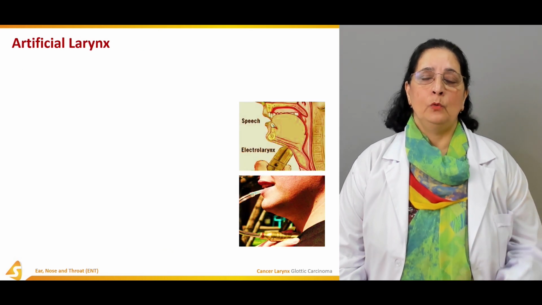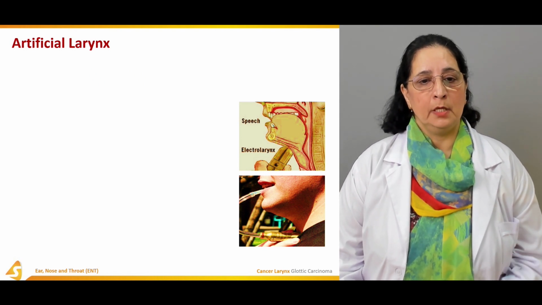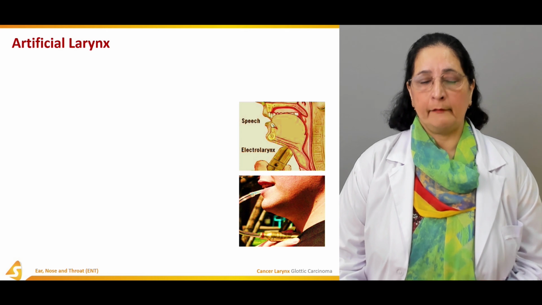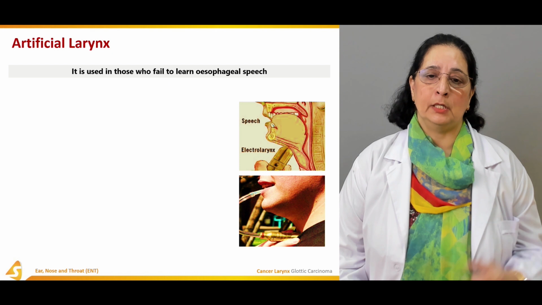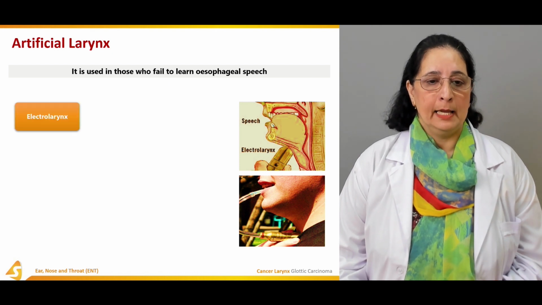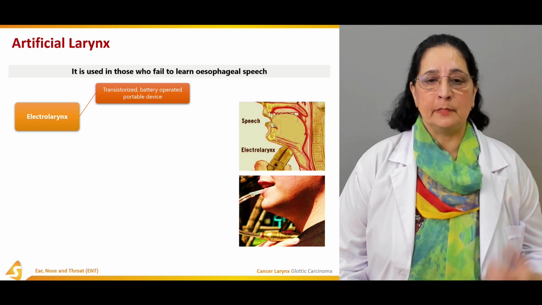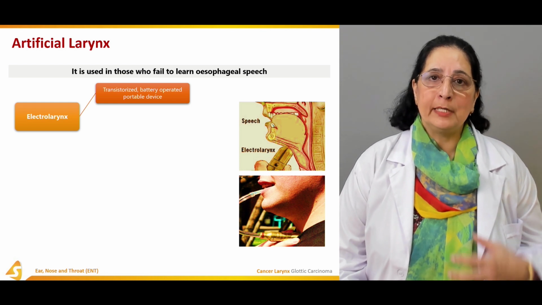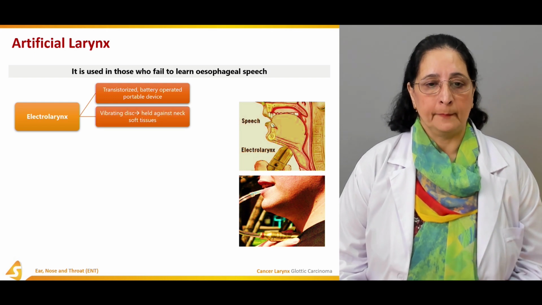In people who cannot learn esophageal speech, an artificial larynx is used. Electrolarynx is a transistorized, battery-operated portable device that helps in producing the voice.